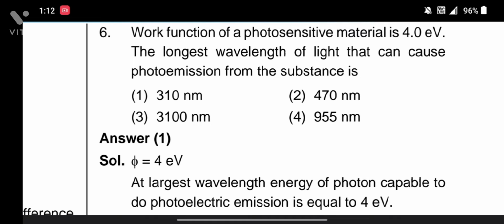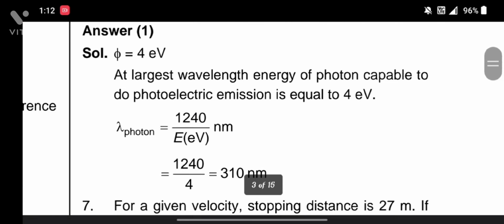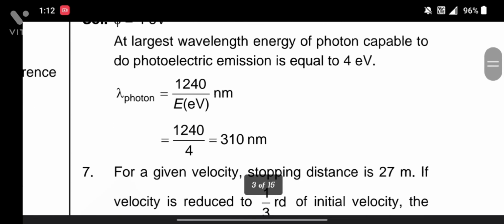If we come to the answer, the largest wavelength of photon capable of photoelectric emission corresponds to 4 electron volts, right?